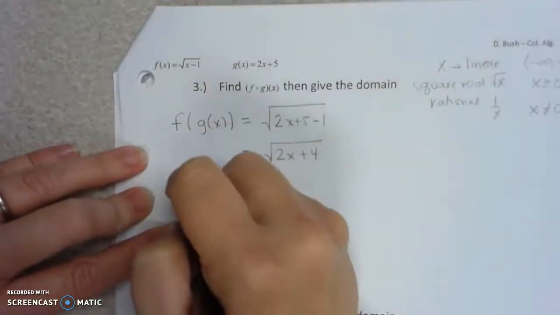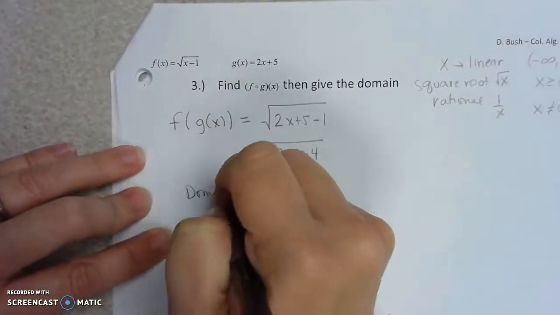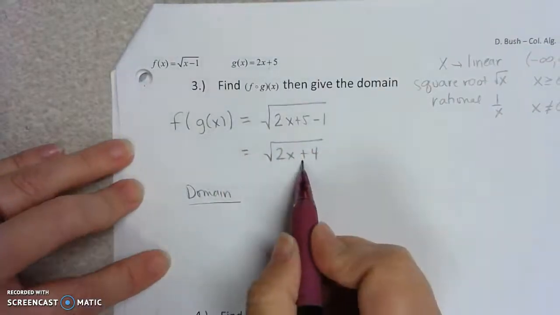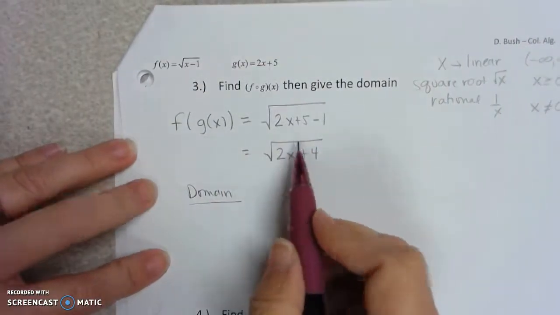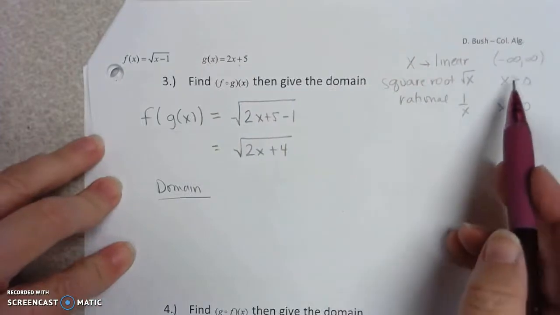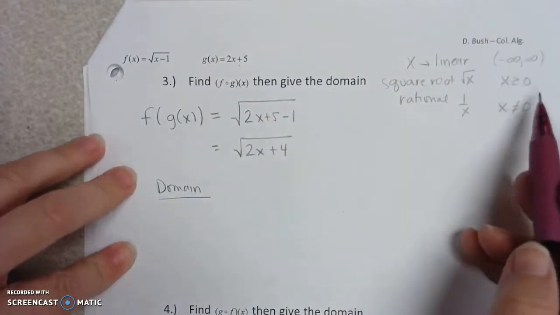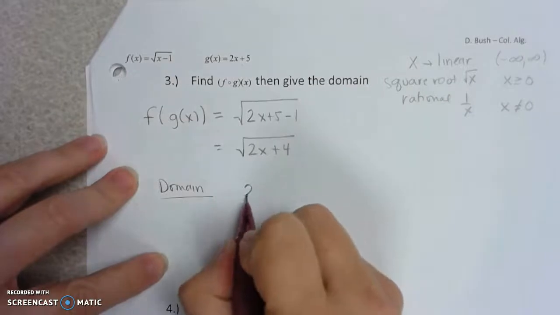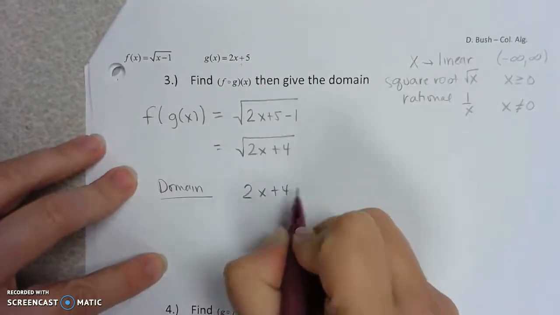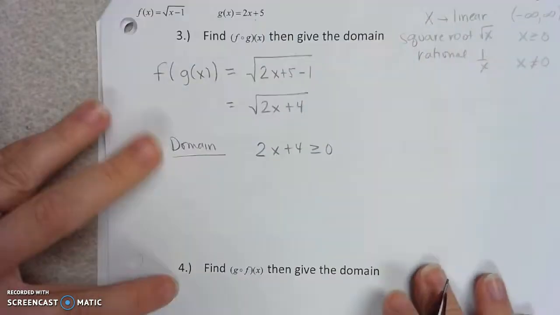Now if I want the domain, I'm going to look to see what type of equation it is. This is a square root. So to find the domain, I take what's under the radical sign and set it greater than or equal to 0 and solve for x. So I'll say 2x plus 4 is greater than or equal to 0.